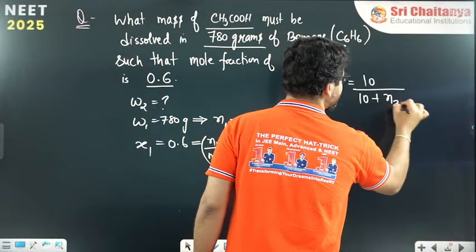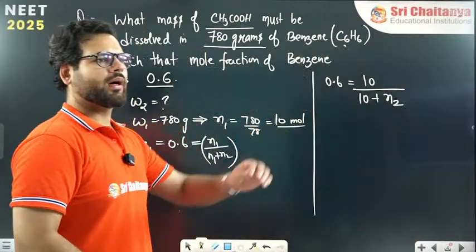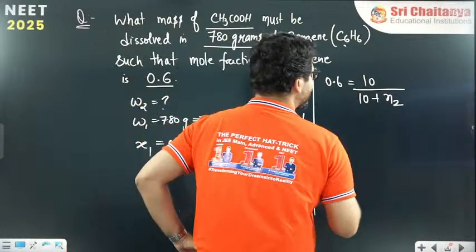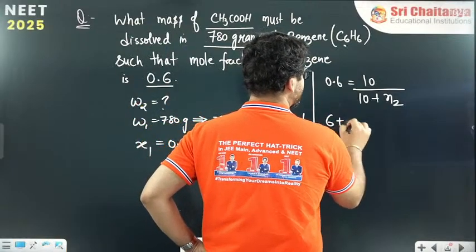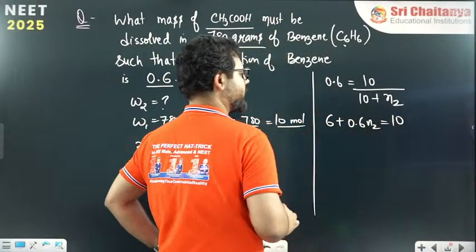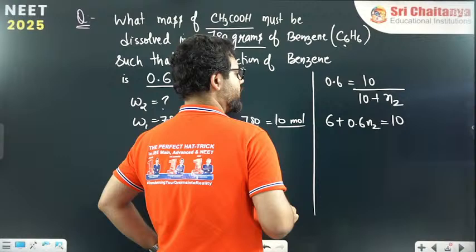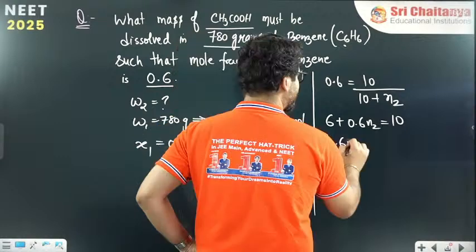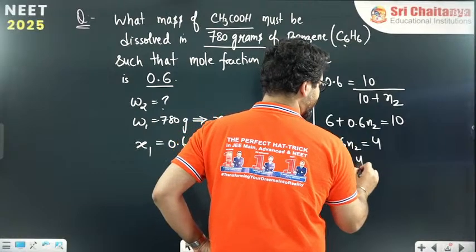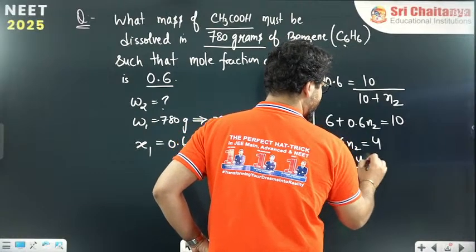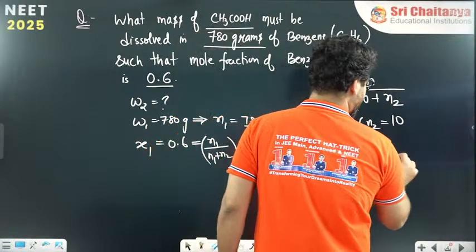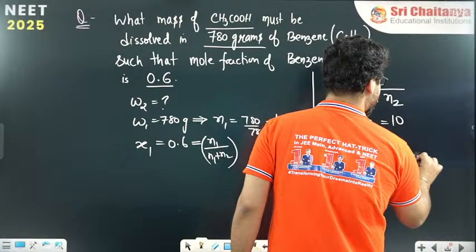I'll just keep it as N2. From here, I get 6 plus 0.6 N2 equal to 10, and 0.6 N2 is equal to 4. So number of moles of acetic acid comes out to be 40 by 6, which is 6.67 moles.